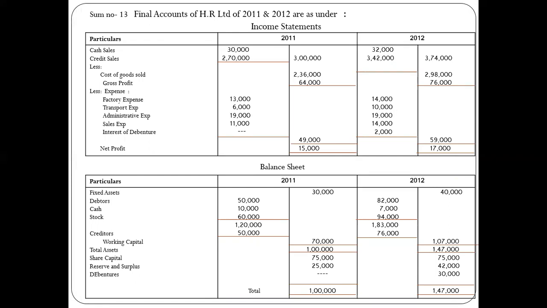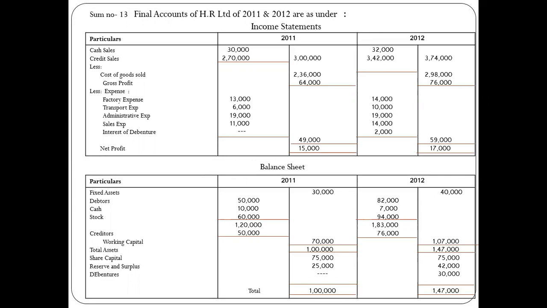Here is the income statement, that is particulars, the information of 2011 and information of 2012. In the particulars, we have the information of cash sales, credit sales, less cost of goods sold.